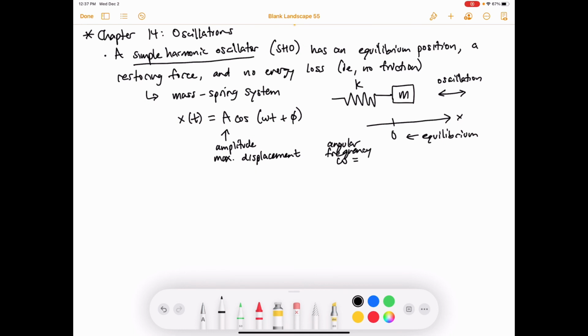Omega tells us how fast this thing is oscillating. So for a mass spring system, omega is going to be given by the square root of k over m. And this thing phi is called our phase. And that just allows us to match the initial conditions of the motion. Now here's an important point. All simple harmonic oscillators have the same general solution.